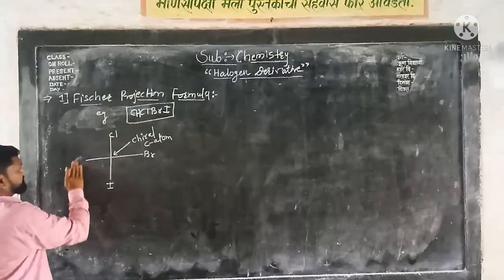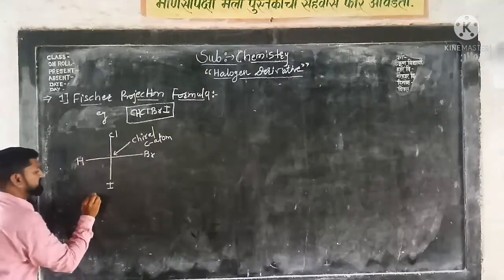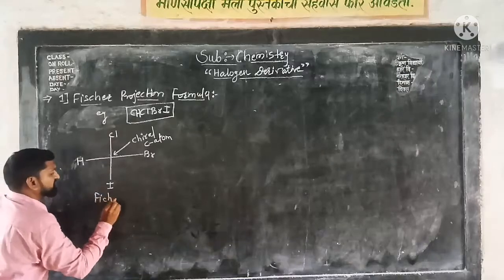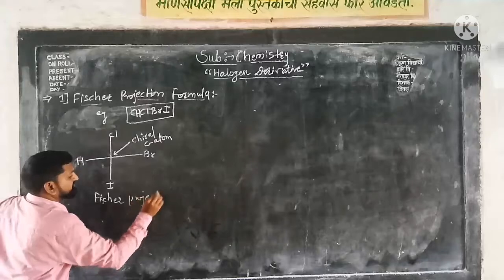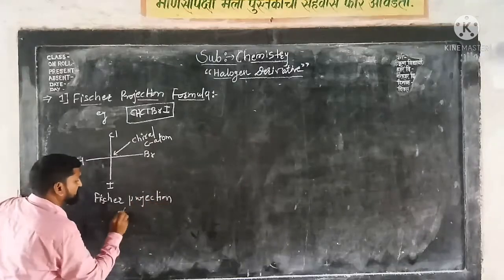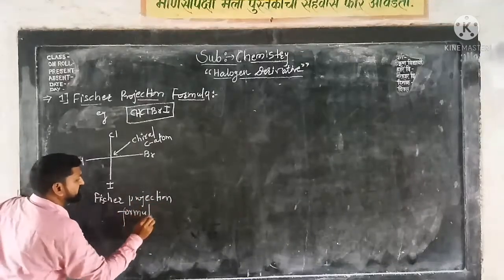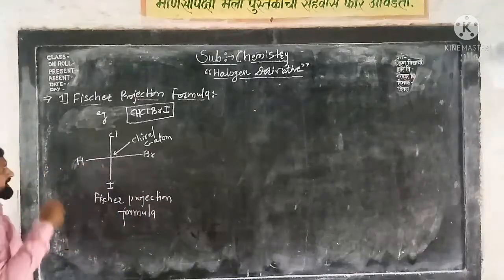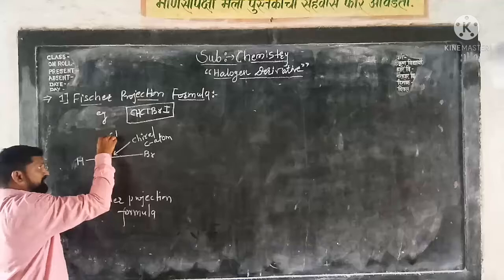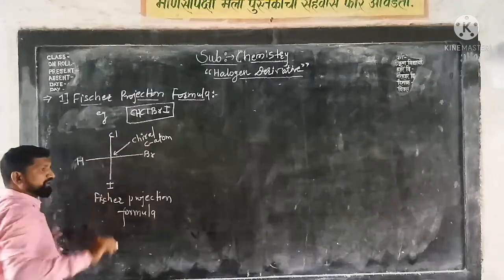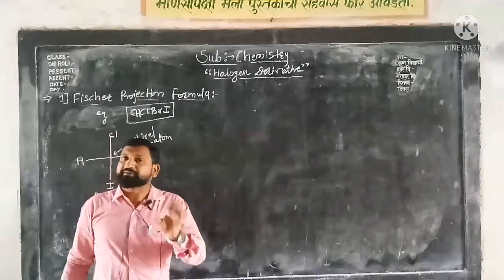Now see here, this is called the Fisher projection formula. Now look at this cross. This vertical line is nothing but your longest continuous carbon chain.